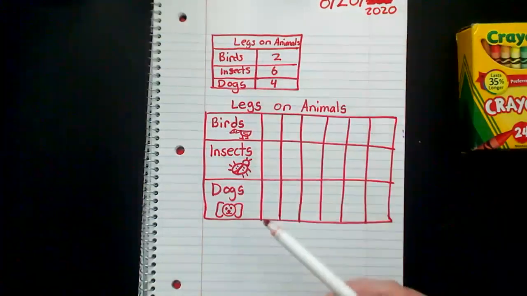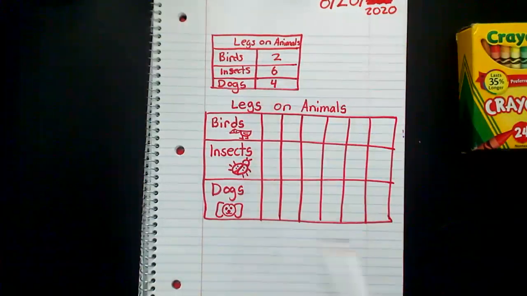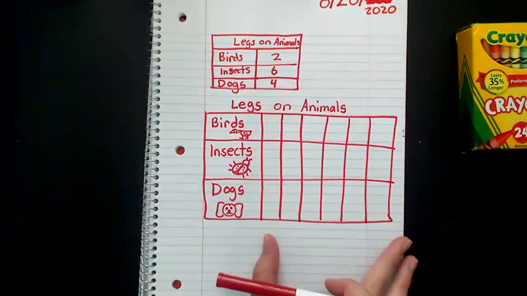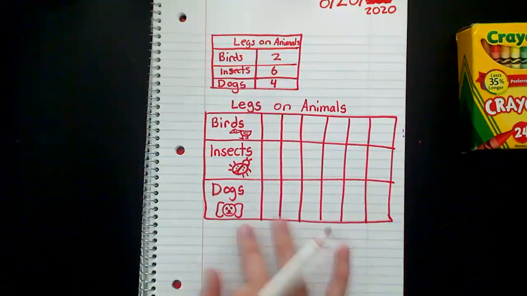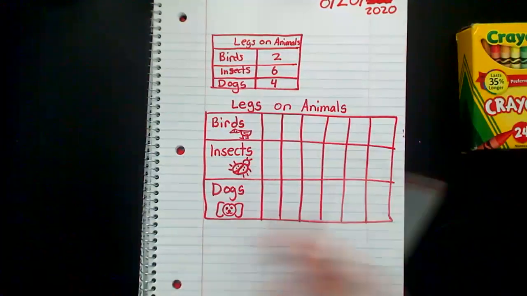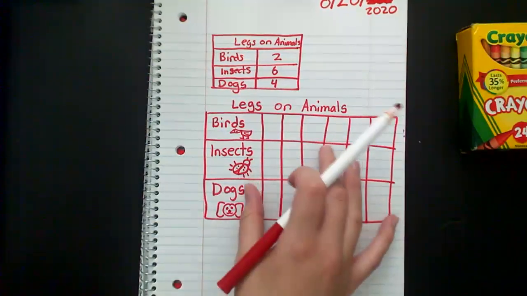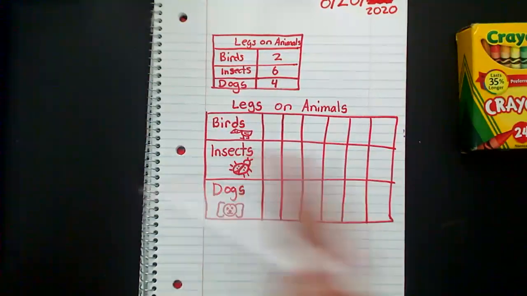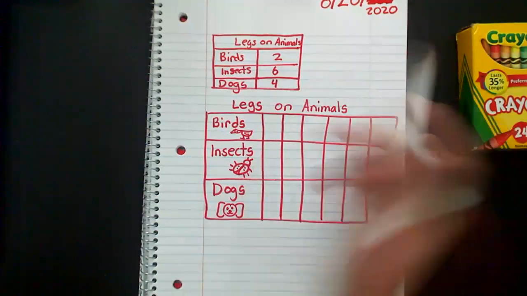So now let's go ahead and put the numbers on the bottom of our graph. These numbers are going to help us measure how many legs go in our table, like their data. It helps us measure and see how big these numbers actually look.